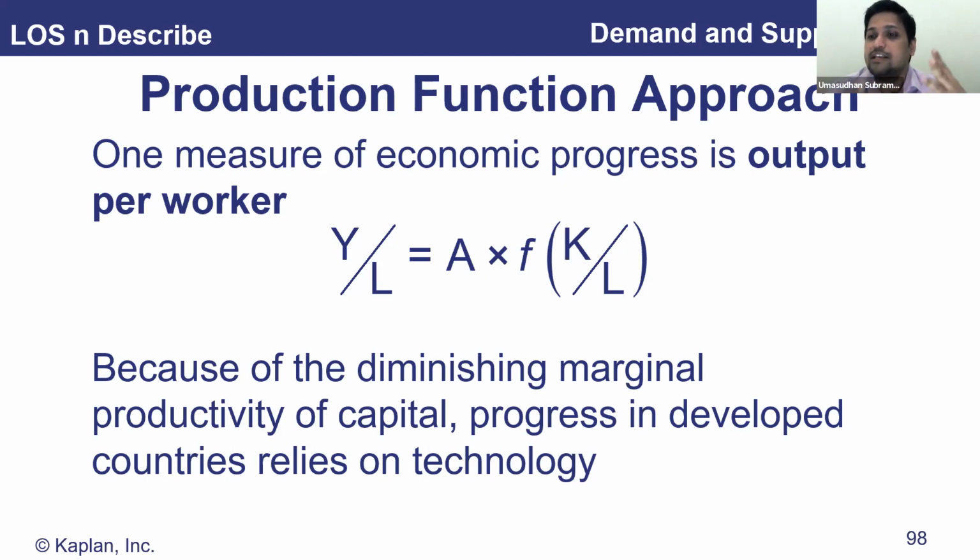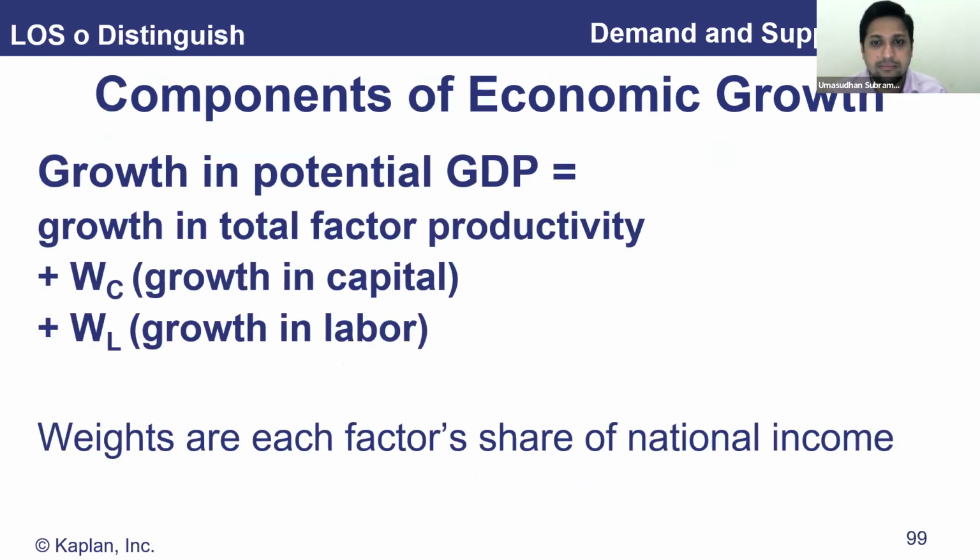When you keep increasing your inputs beyond a point, your production starts to drop because your marginal production continues to drop and becomes negative. So that's why the attention is on improving technology and promoting GDP growth rather than increasing labor or capital.